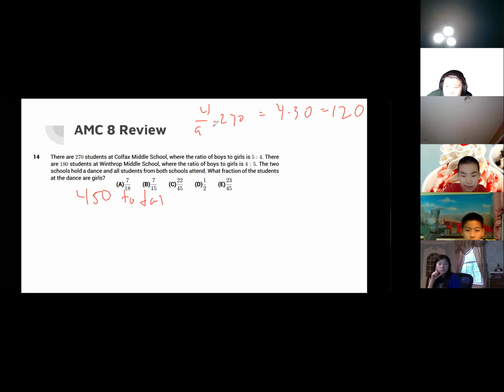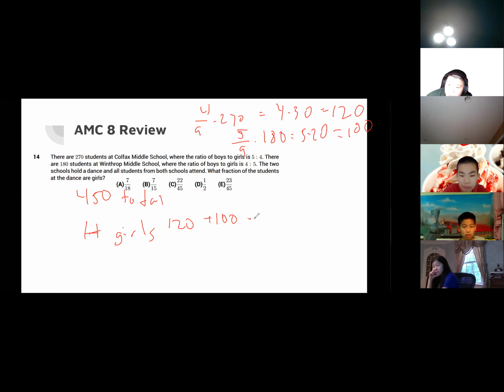At Winthrop Middle School, it's going to be 5 divided by 9 times 180, which is 5 times 20, which is 100. So the number of girls is going to be 120 plus 100 equals 220. And the answer is going to be 220 divided by 450, which equals 22 divided by 45. So the answer is C. Does anyone have any questions about that?